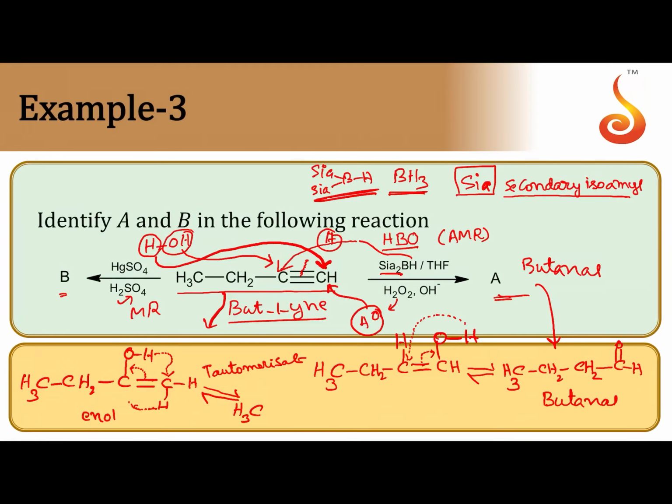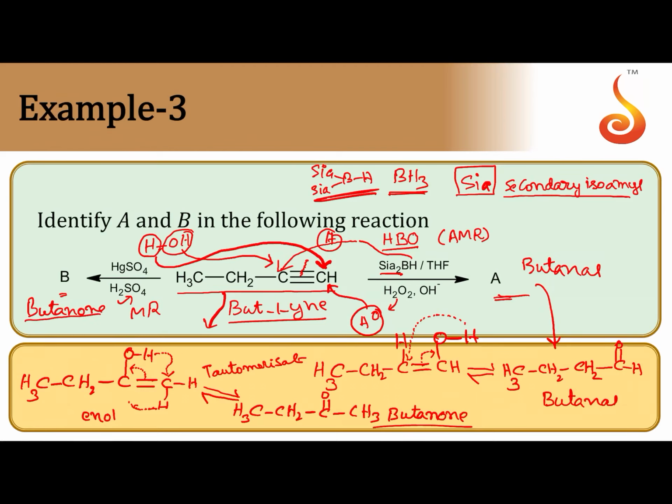Then the product is CH3, CH2, C double bond O, CH3, butanone, butan-2-one, no need to mention 2 here, that is understood, butanone. So B is butanone.